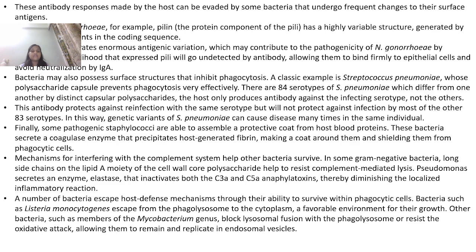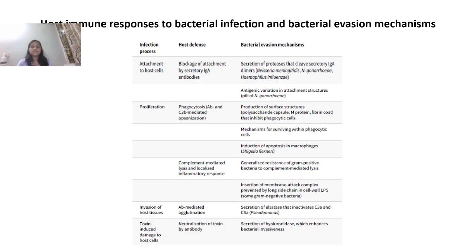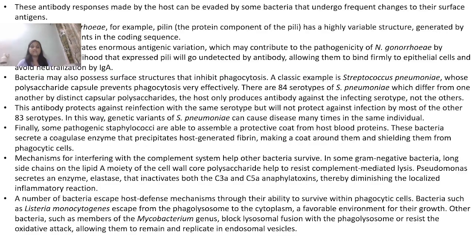Mechanisms for interfering with the complement system also help other bacteria survive. For example, in some gram-negative bacteria, long side chains, as I showed, made of the lipid moiety of the cell wall core polysaccharide, help in resisting complement-mediated lysis.